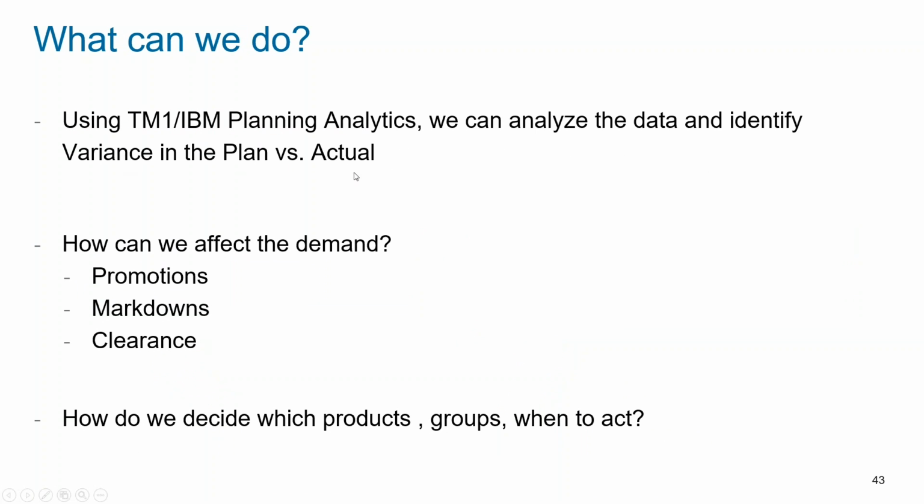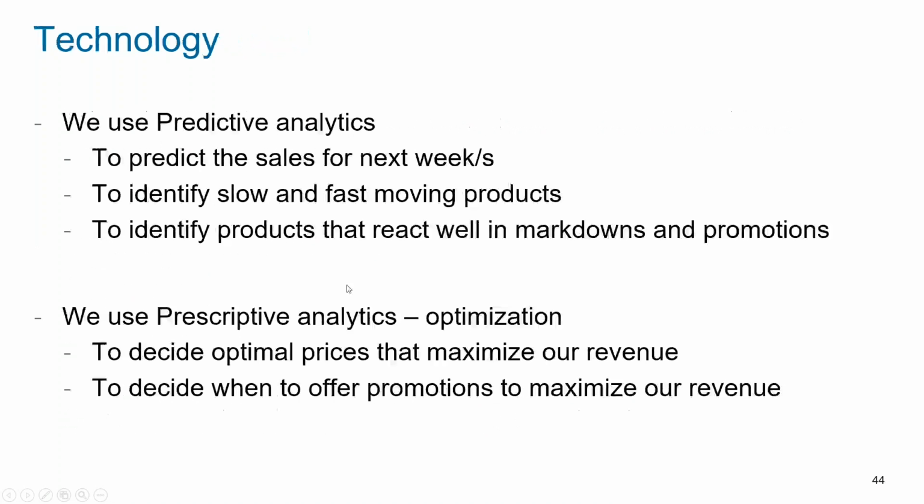But now that we know this, we're going to look forward, and we're going to say, okay, how can we affect the demand? The only way to affect your demand is by doing promotions, markdowns, and clearance. So how do we decide which product groups we need to act on and when to act? Here you have predictive analytics and prescriptive analytics.